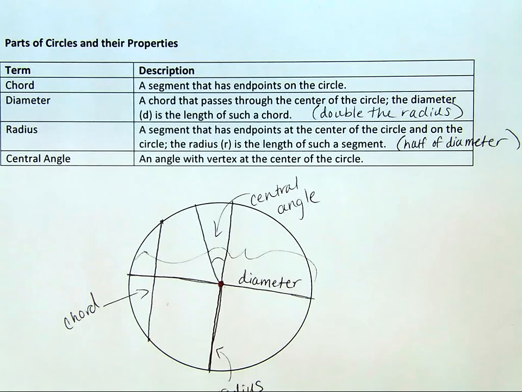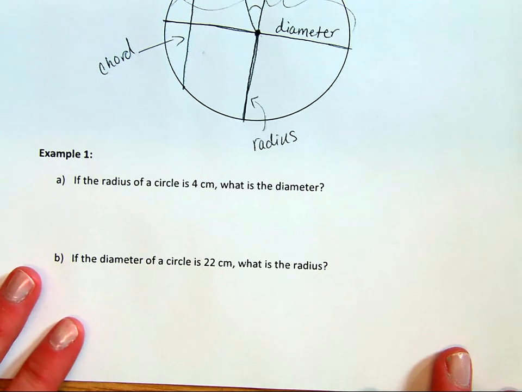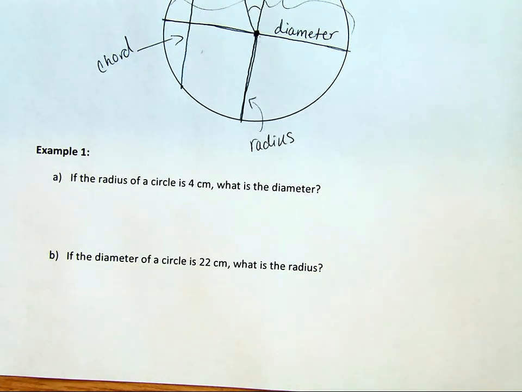Okay. So those are some key terms that we're going to be using throughout the chapter that you need to know. So let's do a couple example problems. Example 1 says, if the radius of a circle is 4 centimeters, what's the diameter?